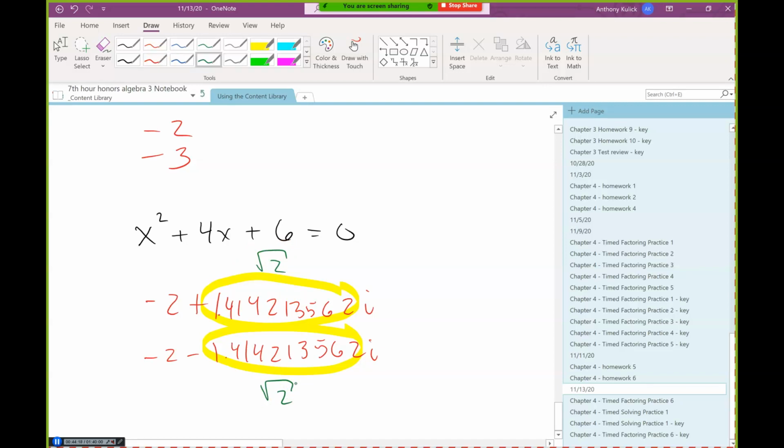So on the test, depending on the instructions, a rounded answer could be appropriate there. Or you may need to actually use this formula, like pen and pencil, so that you get the actual value for that square root, depending on what my directions ask for, if I ask for an exact answer or a rounded answer.